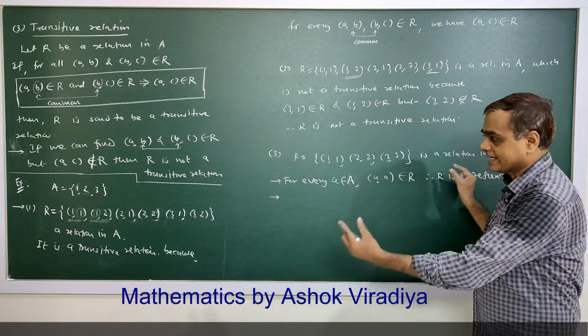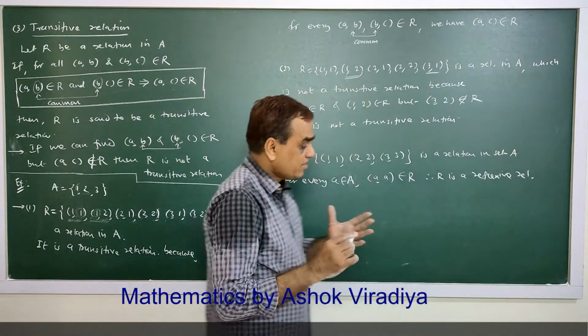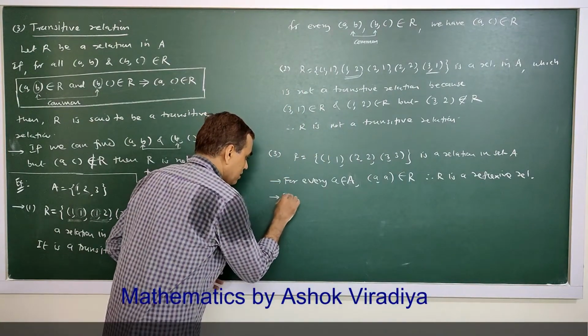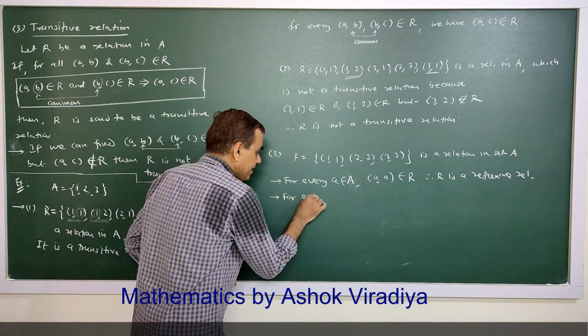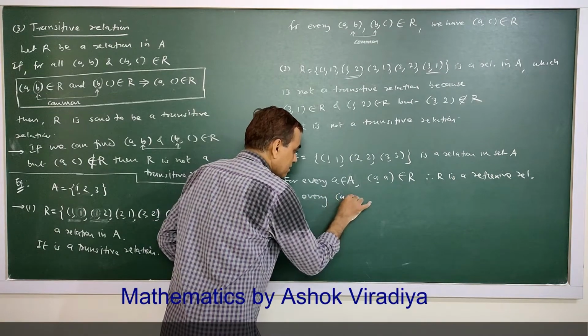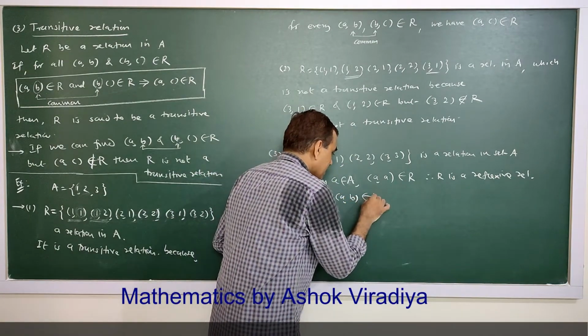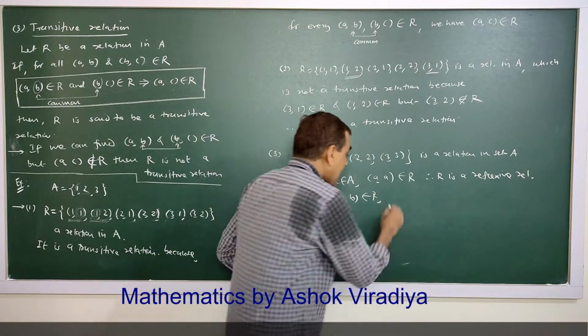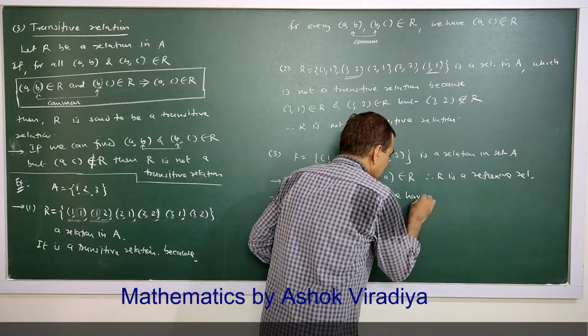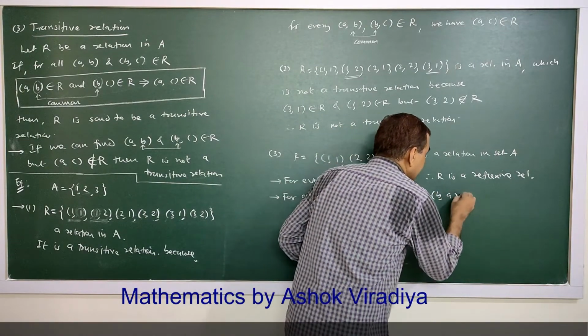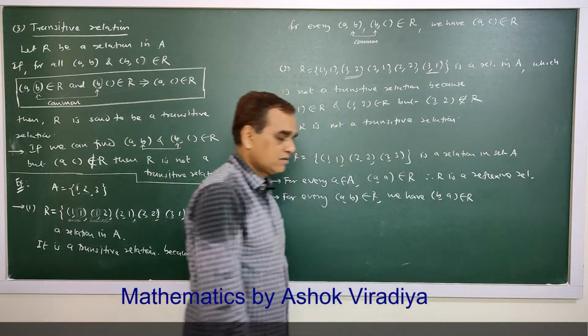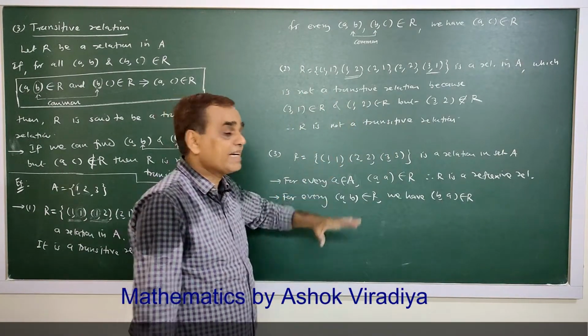So it is symmetric. So here for every (a,b) belonging to R, we have (b,a) belonging to R. So R is symmetric.